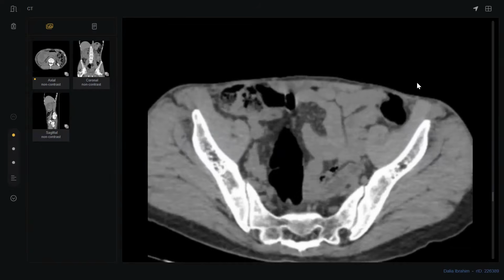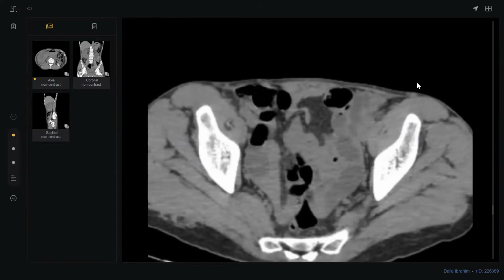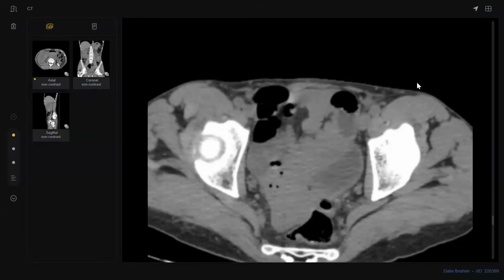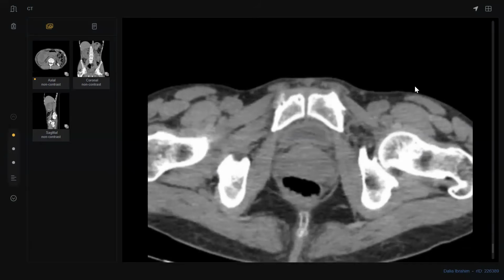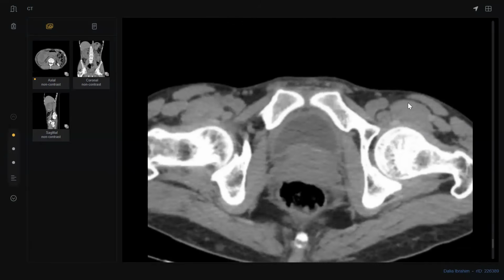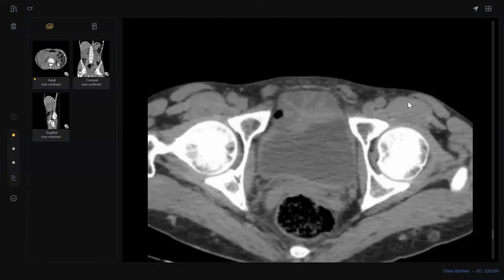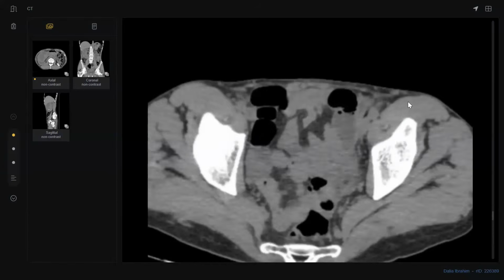I see the urinary bladder also. Okay, while I'm scrolling, I can detect an abnormality seen within both kidneys.